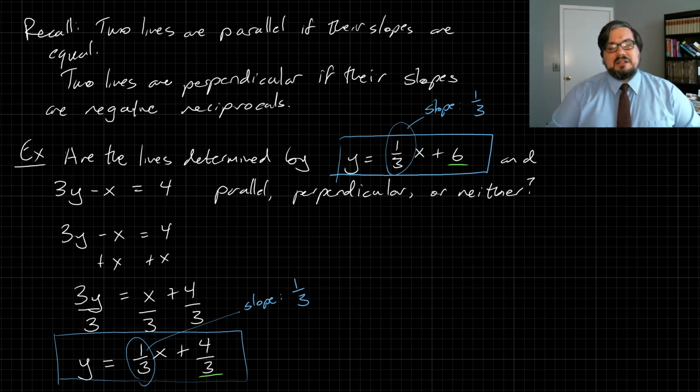So our first equation defines a line with a y-intercept of 6, and our second line has a y-intercept of 4/3, therefore they are different lines, but they have the same slope. They both have a slope of 1/3, and so our answer is that they are parallel lines.